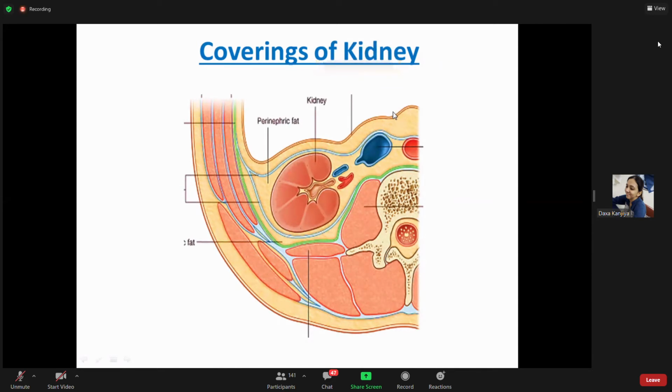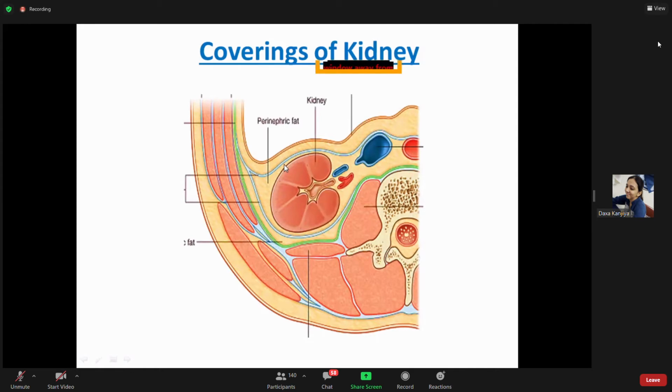Yes. So the lateral one is the inferior vena cava, and the medial one is the abdominal aorta. 2 major vessels of the posterior abdominal wall, and these are the renal artery and renal vein entering into the hilum of the kidney. So let us see the coverings of the kidney.